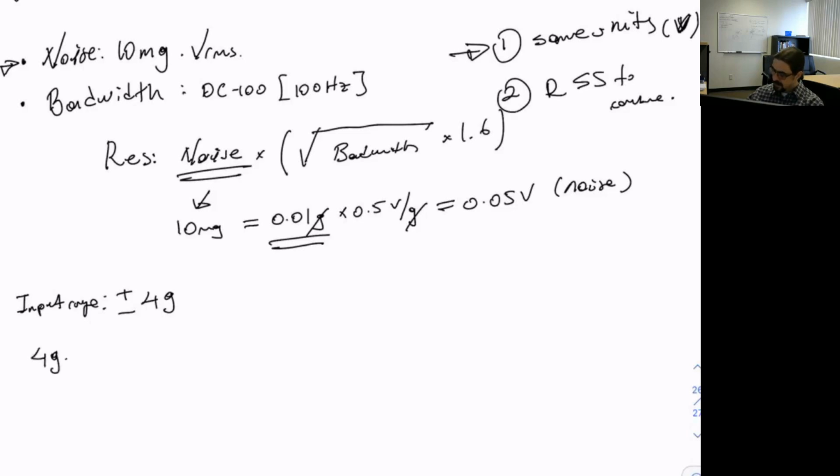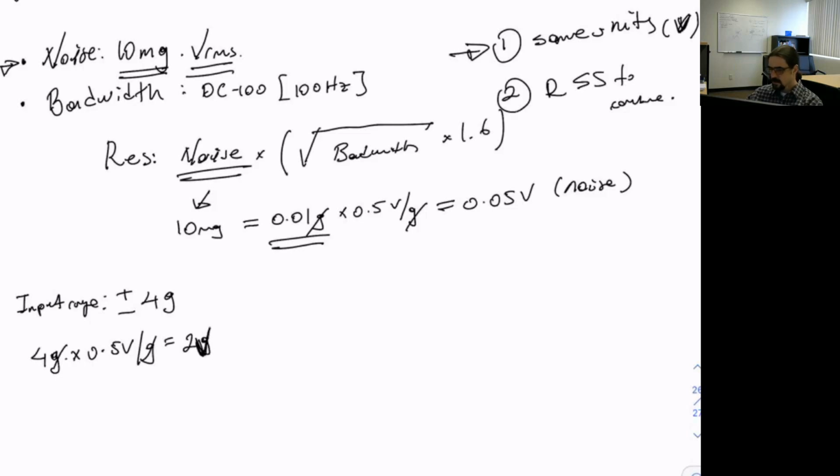Okay, and looking at this, the noise is given as the microGs times the acceleration in voltages. So if I were to convert this, I will find that this is related to times 0.5 volts per G. Okay, G's are going to go away, and that's basically 2 volts.